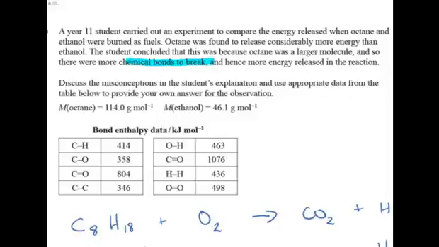So if a reaction only takes in a small amount of energy when it breaks bonds and gives out a large amount of energy when it forms bonds, that's going to be an exothermic reaction, releasing energy into the surroundings. The amount of energy given off is really to do with the difference between those two factors, the amount of energy it needs to absorb and the amount given off when bonds are formed, and you'd be discussing that when you talked about this misconception.